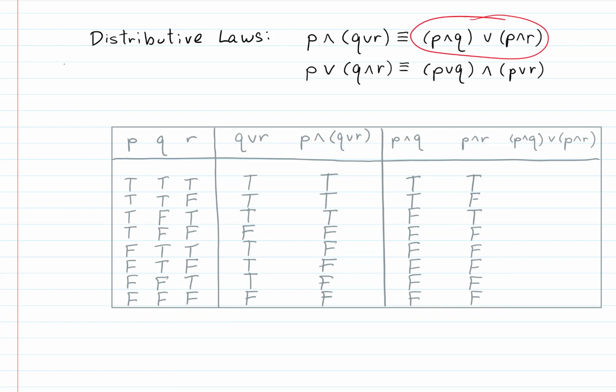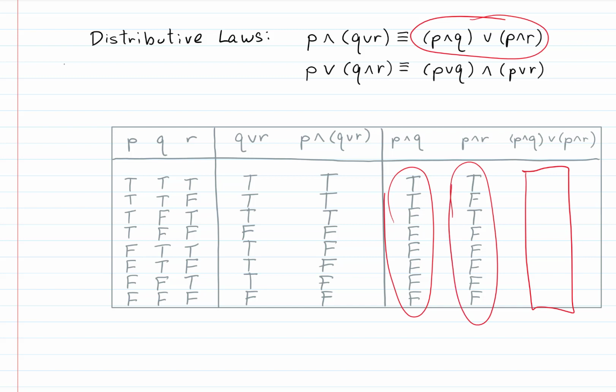Okay, and then finally we're going to do the disjunction of these two. Disjunctions are true as long as one of the two components are true. So it's going to be true here, true here, true here, and false the rest of the time.